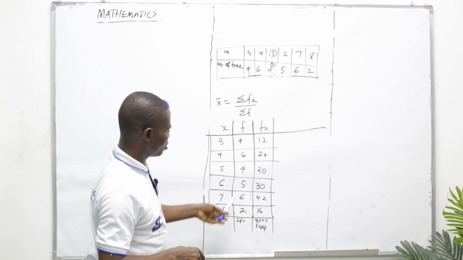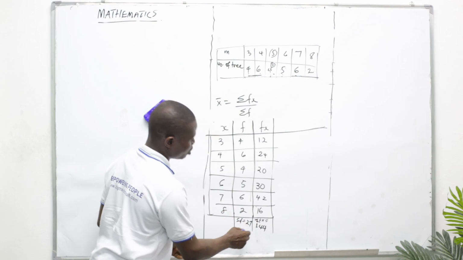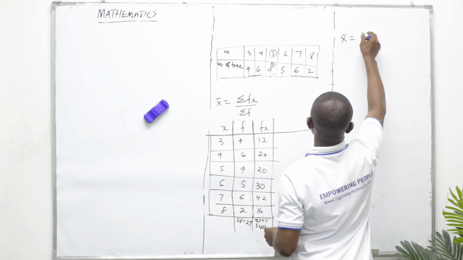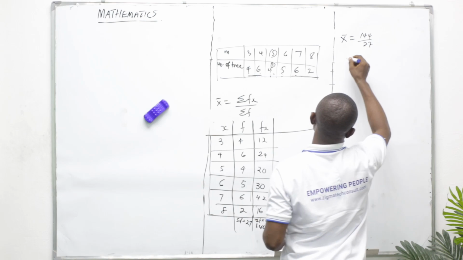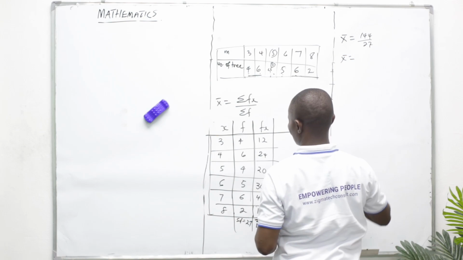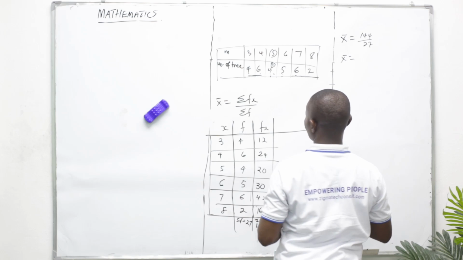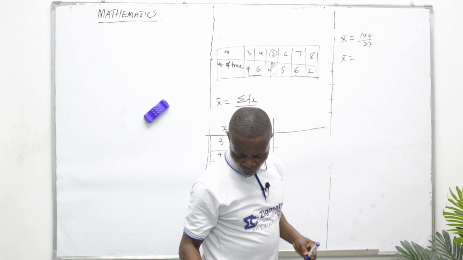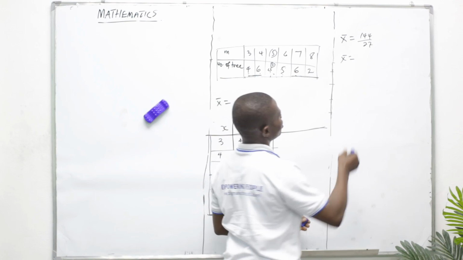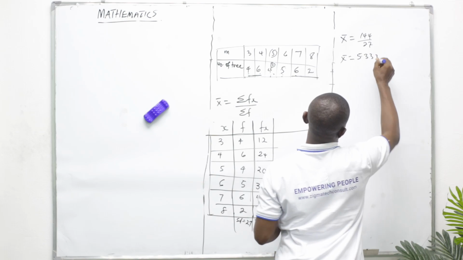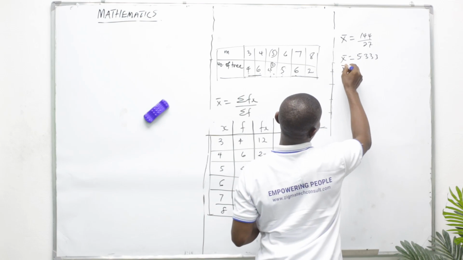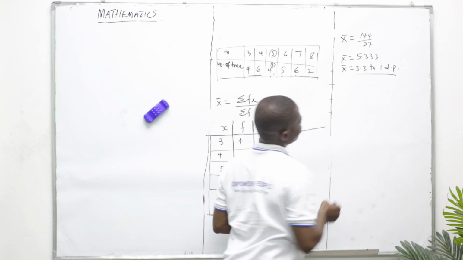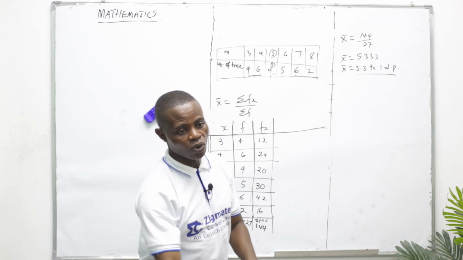Then summation f is 27. So x bar equals 144 all over 27. The mean equals 5.33. So to one decimal place, x bar equals 5.3. So you have done that. That's the one decimal place.